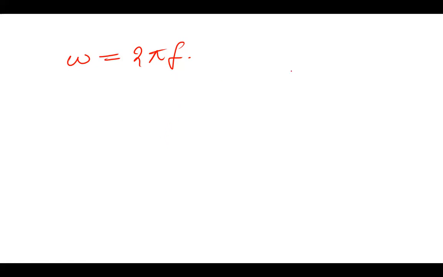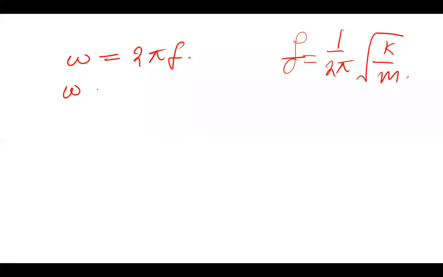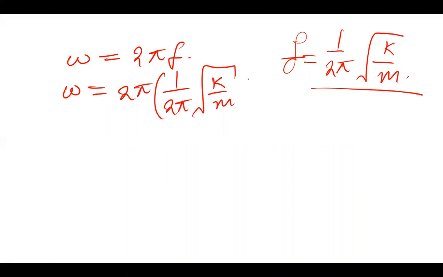When you combine this with the formula for the frequency, which we just derived, the frequency is given by 1 over 2 pi times the root of k over m.